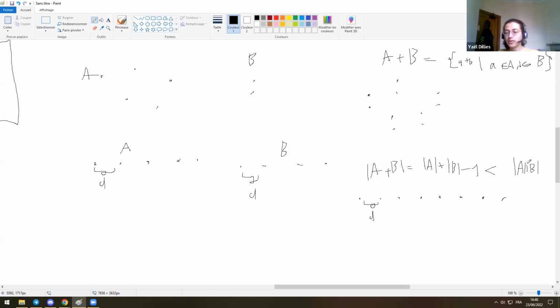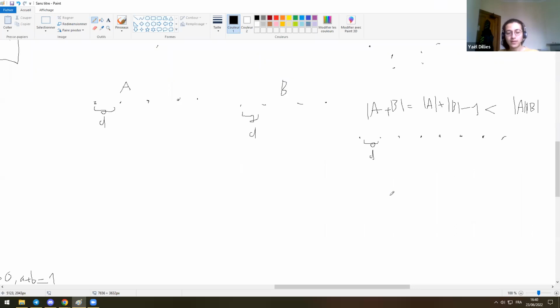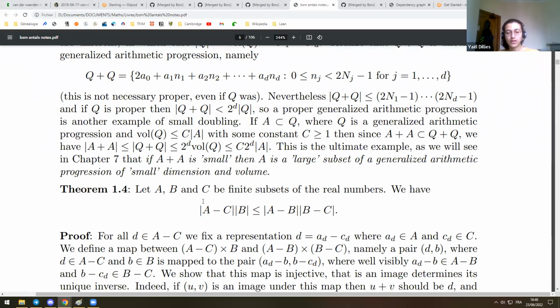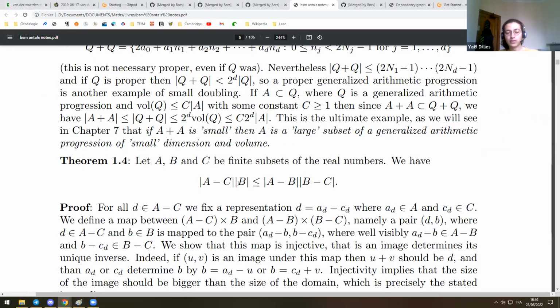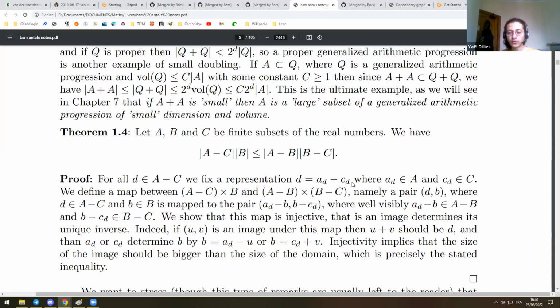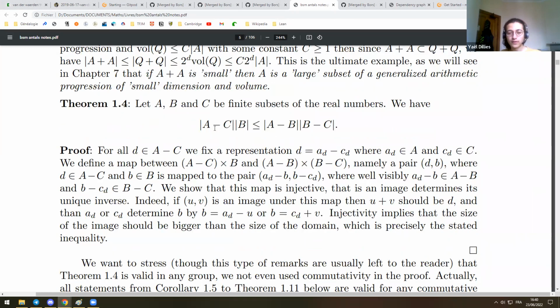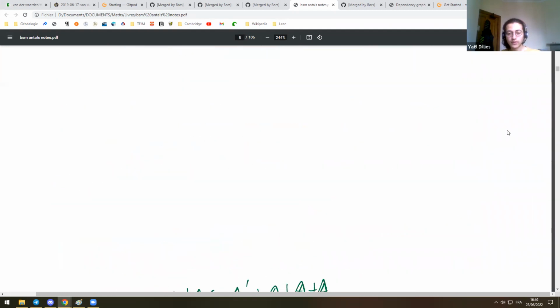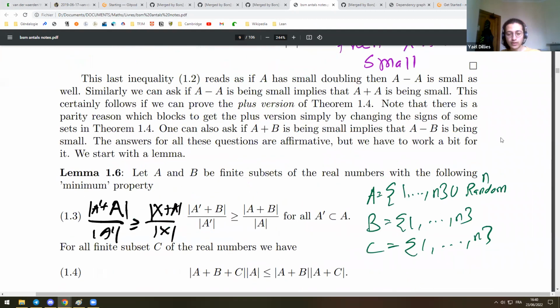So there are many things like this around this area of mathematics. And in that particular case, I'm interested in this statement, that A minus C times B less than A minus B times B minus C. And actually, I'm not really interested in this statement, but rather in the consequence if you replace the minus signs by plus signs. Because this is also a theorem slightly later.